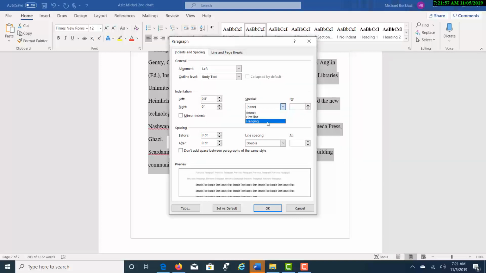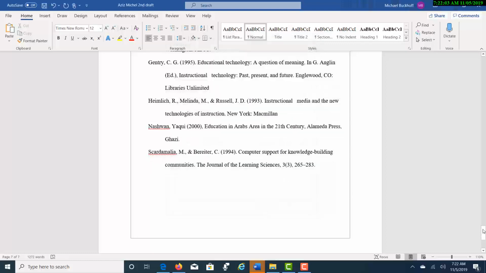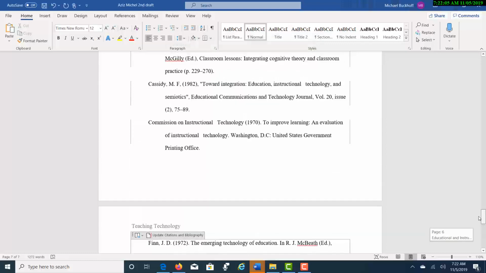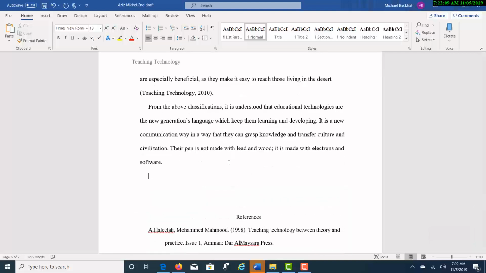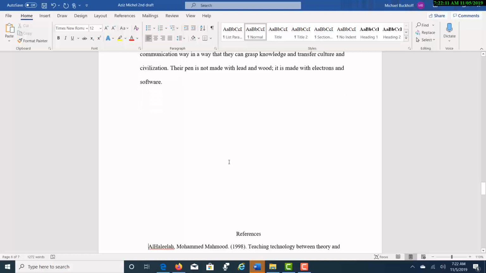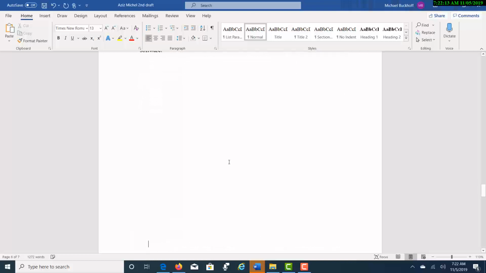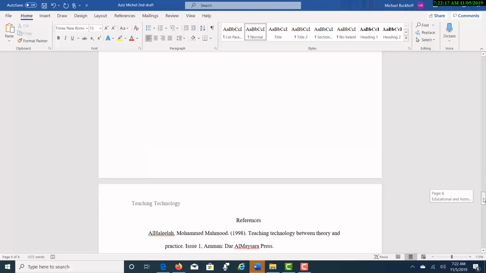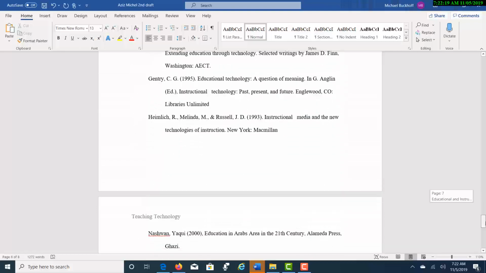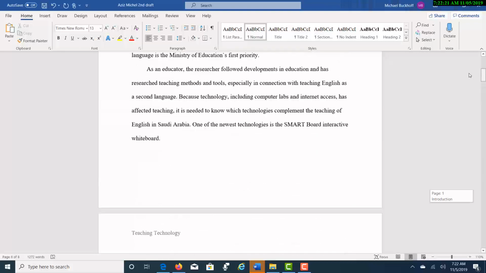Let's go to hanging indent. You see what I'm doing here? I went into special. Let's see if it works. We got it. Okay, so I got one problem fixed. And let's put this on its own page. Okay, we're good. We got it. Okay, so we've now formatted this, right?